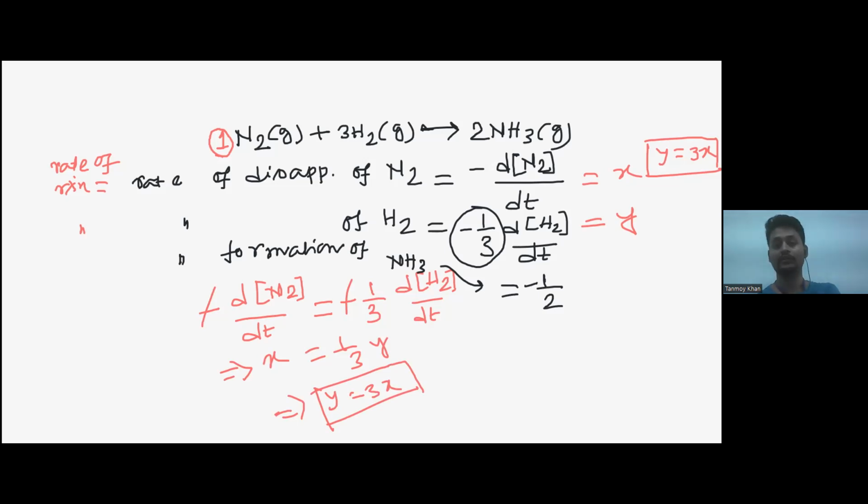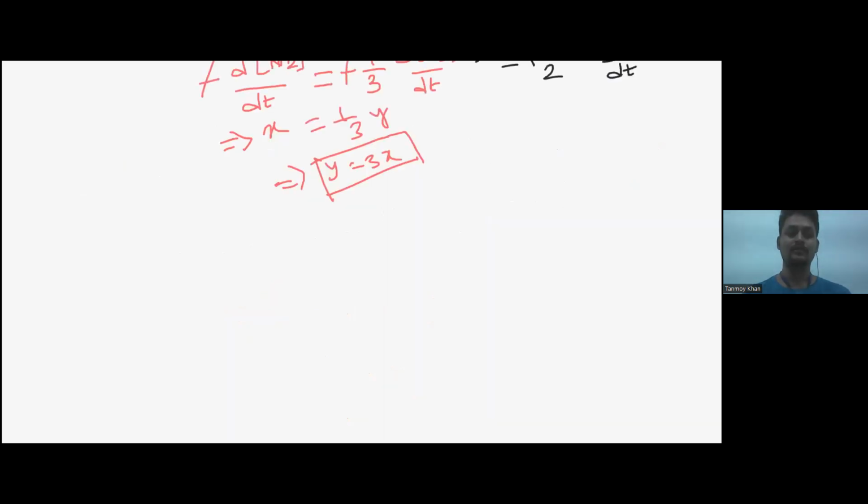So we give a positive sign there, and the stoichiometry divided by d[NH3]/dt. So this is the practice of writing reaction rate.